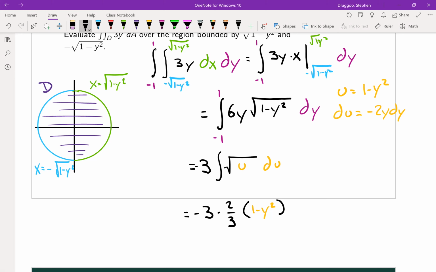And now that we've changed back to y, we'll continue to evaluate this thing along the values of y we were given. So -1 to 1. And if we plug in 1, we'll get 1 minus 1 squared, which is 0. And if we plug in -1, we'll get 1 minus -1 squared, which is also 0. So ultimately, this thing is 0 minus 0, which is 0.